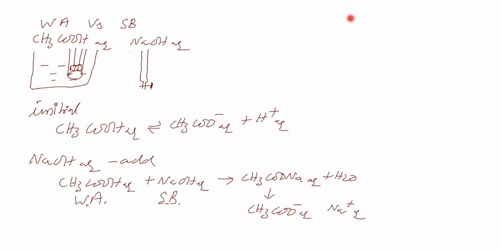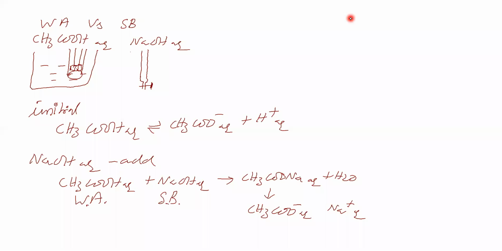After the reaction, the salt is a strong electrolyte, so it undergoes a higher extent of ionization. Sodium ions and acetate ions will be there. The remaining weak acid will also be there, undergoing partial ionization, giving some acetate ions and H plus ions.